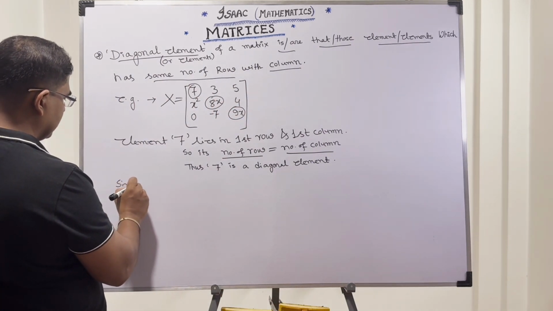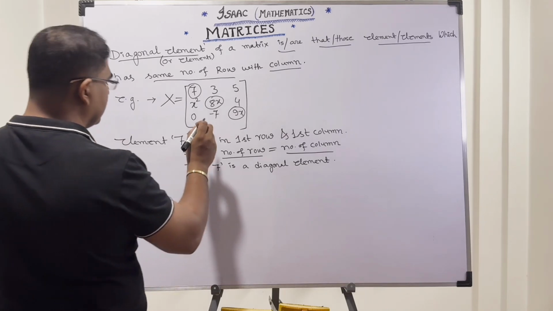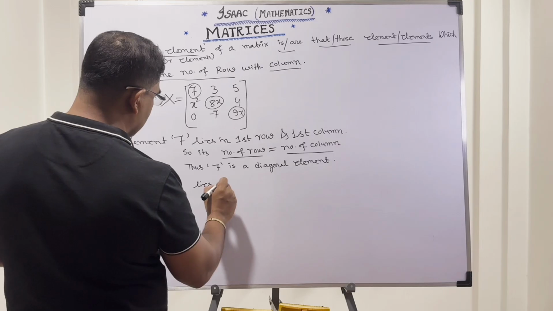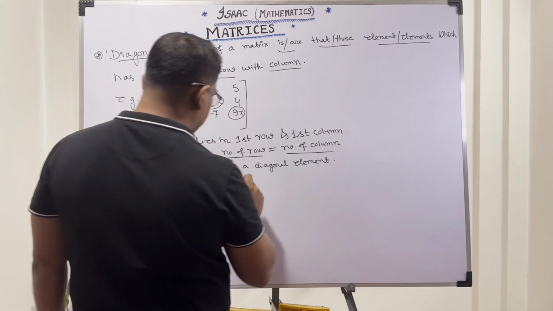Similarly, 8x lies in second row, second column.